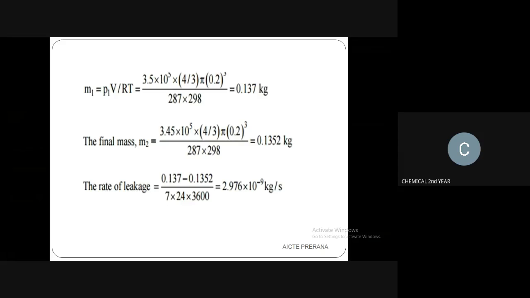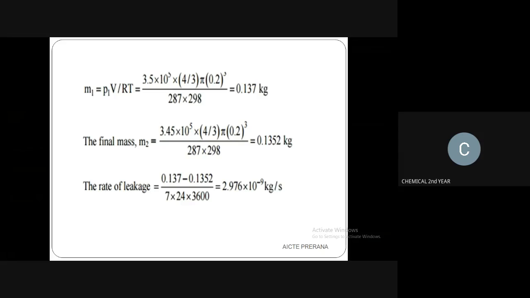Here we have used M1, and the pressure is P1 V divided by R into T. The pressure is given as 3.5, decreasing from 3.5 to 3.45.